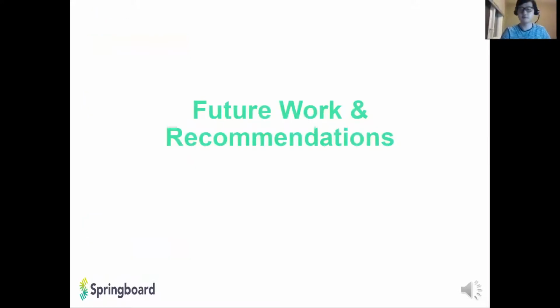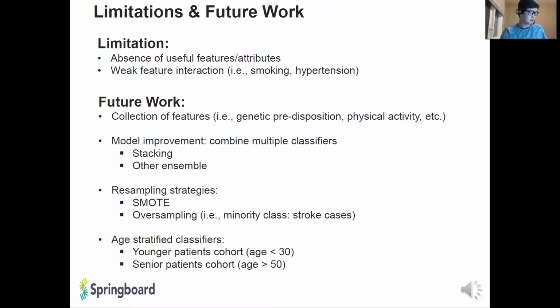In terms of future work and recommendations, the limitation is that I have an absence of useful features or attributes.